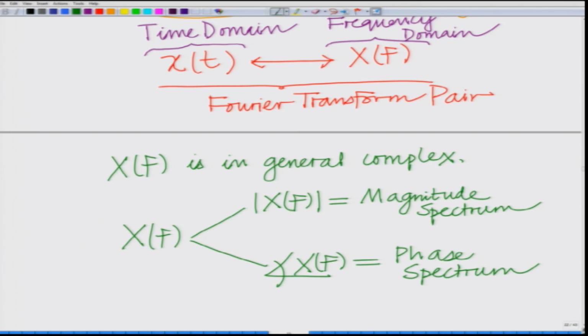That is, the magnitude of X(f) denotes the magnitude spectrum, and the phase of X(f) denotes the phase spectrum.